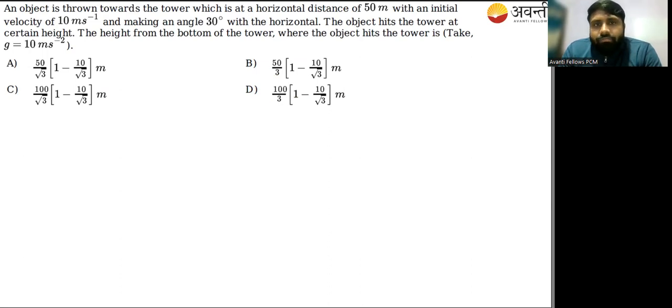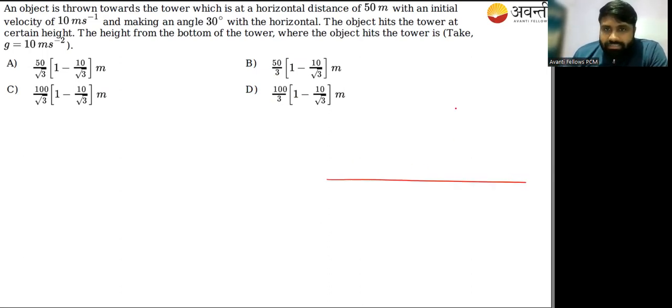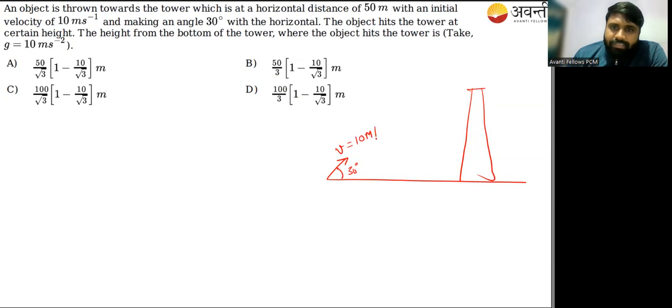The height from the bottom of the tower where the object hits the tower is... Now, let's say this is the baseline and this is the tower we have. From here we throw this object at 30 degrees, and the velocity of it is 10 meter per second, given. The separation between them is 50 meter.